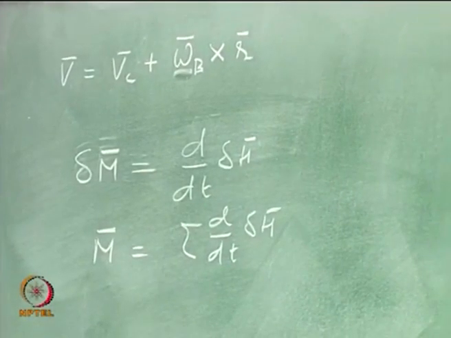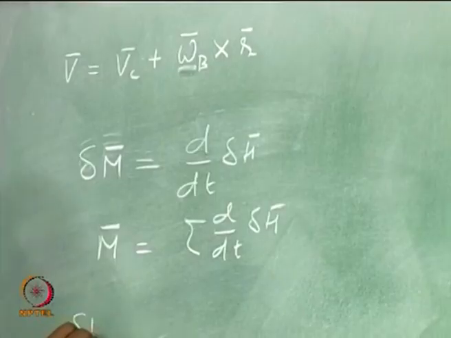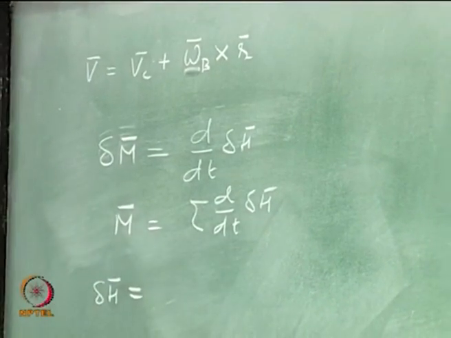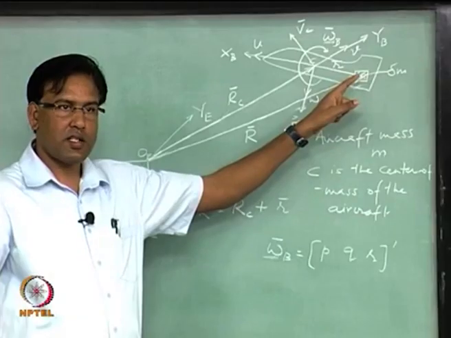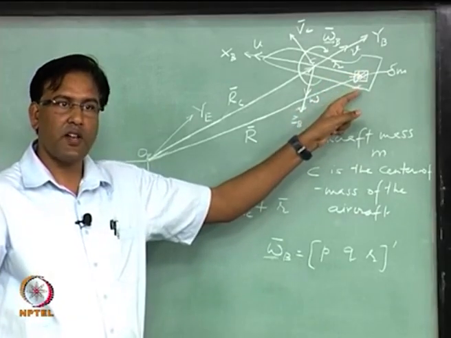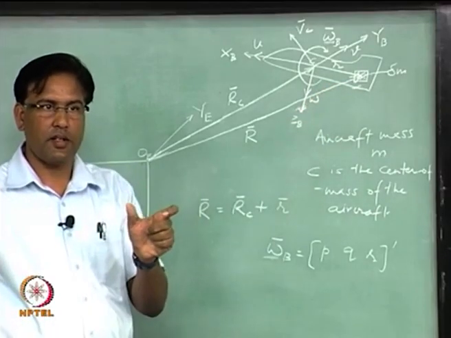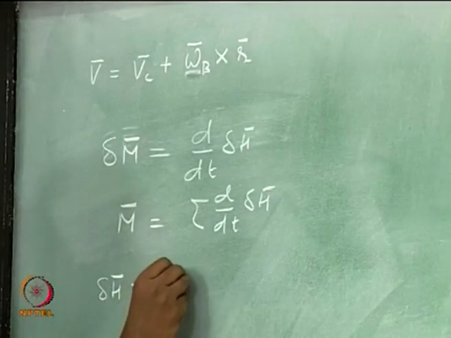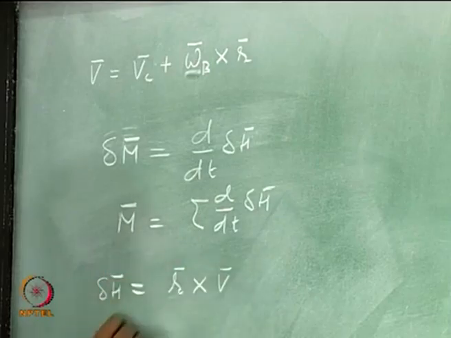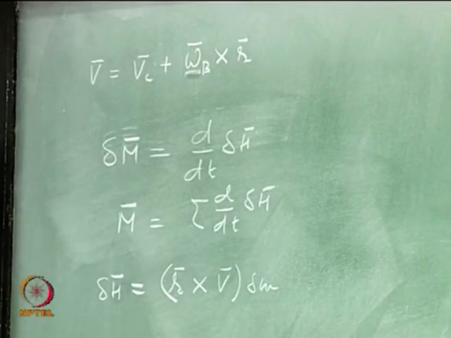What is delta h? R cross V, where V is the velocity of this elemental mass delta m, into delta m, right. That is how we write the angular momentum.